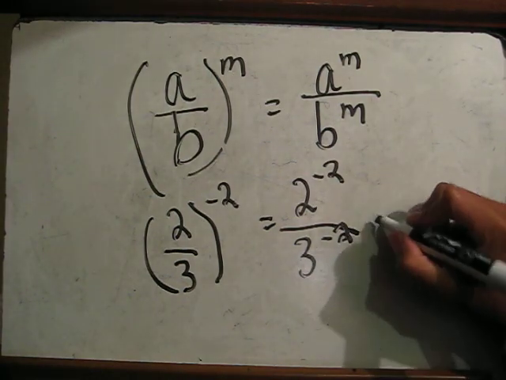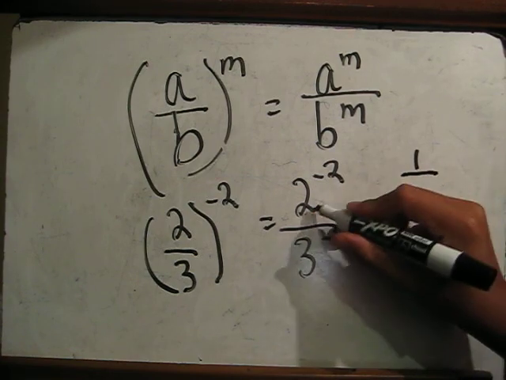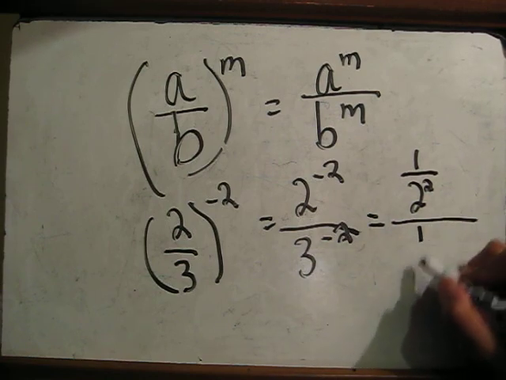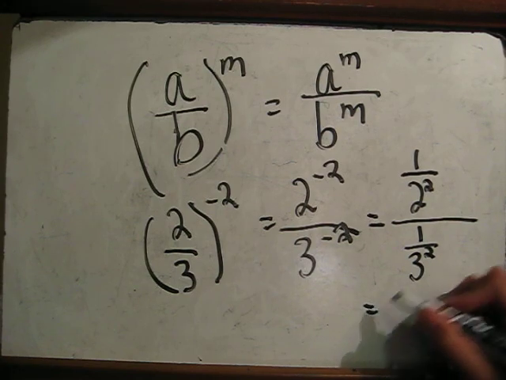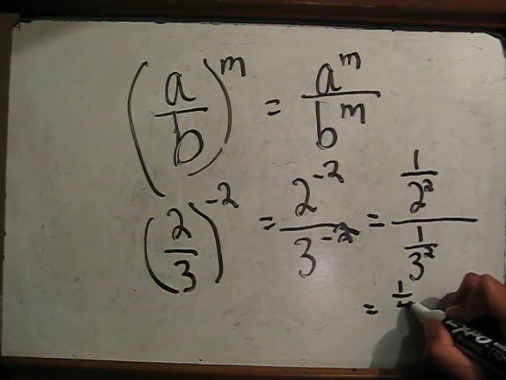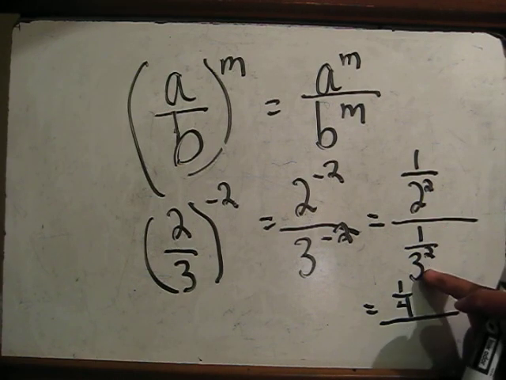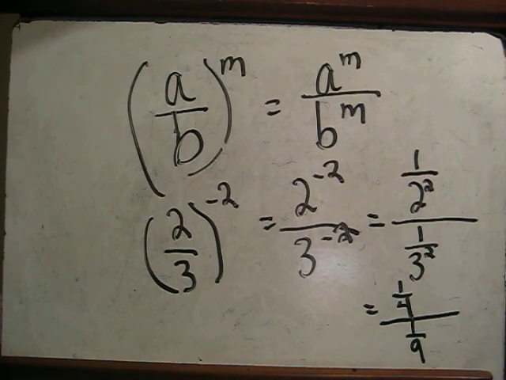Now remember we don't want negatives, so this really is 1 over 2 to the 2nd over 1 over 3 to the 2nd, which is equal to 1 over 4 divided by 1 over 9.